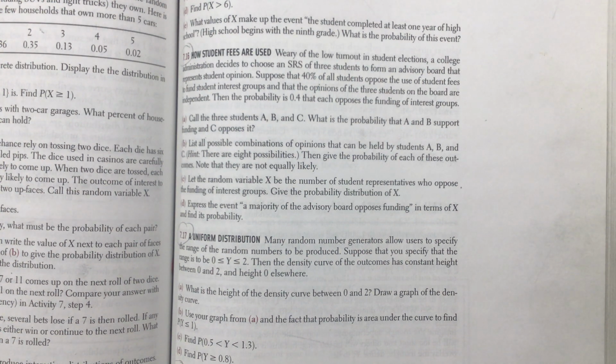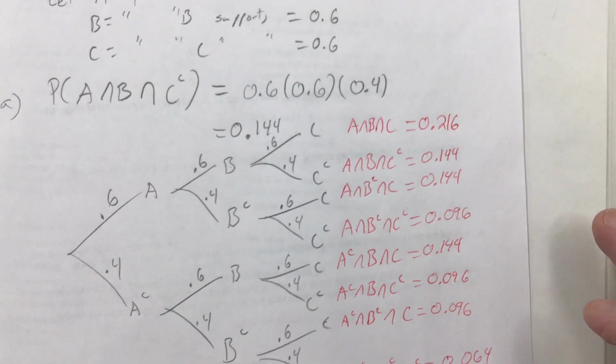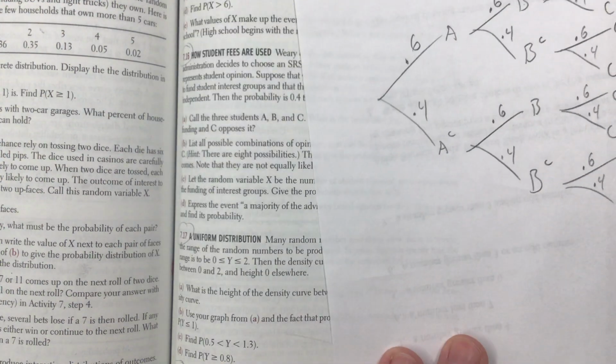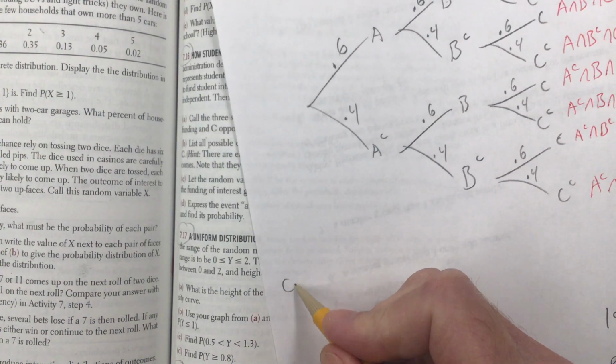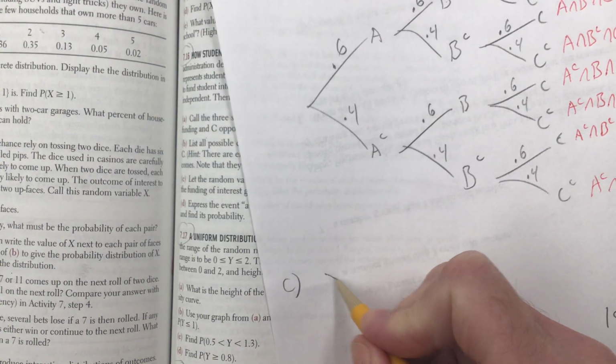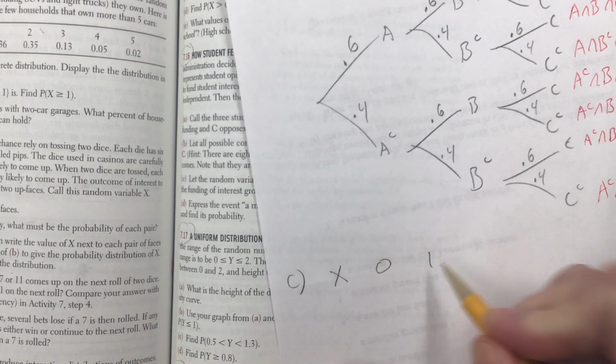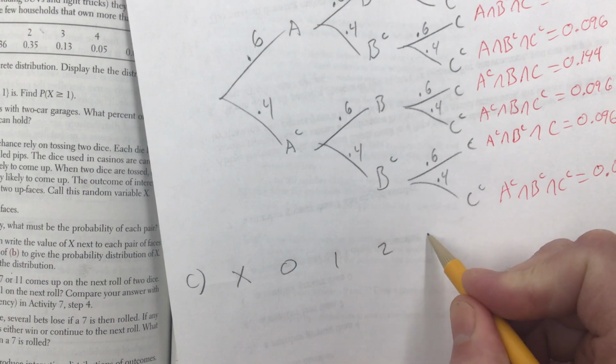Let the random variable x be the number of student representatives who oppose the funding of interest groups. Give the probability distribution of x. Okay, so the number who oppose. What was this? Letter C. Okay, so we could go anywhere from 0 all the way up to 3.